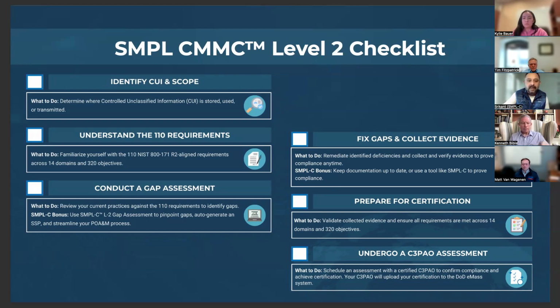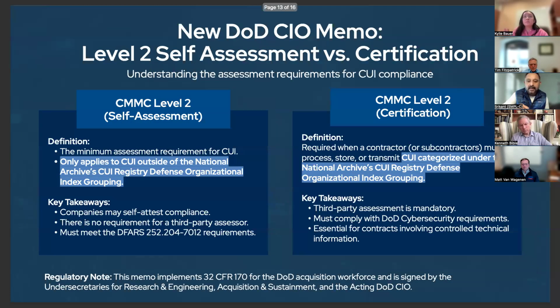That's out there, and of course, Asante and SMPL-C as an offering, we actually help determine that as well. Actually, if you want to move to the next slide, Kylie.